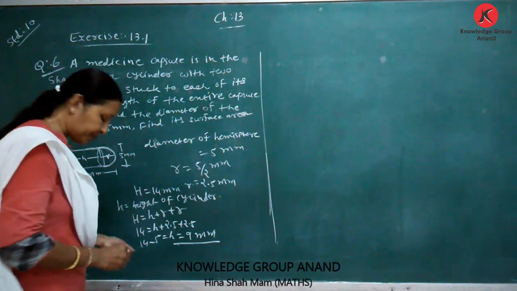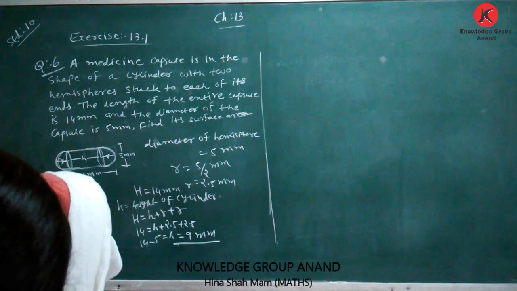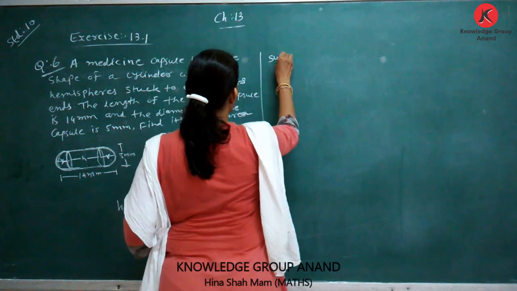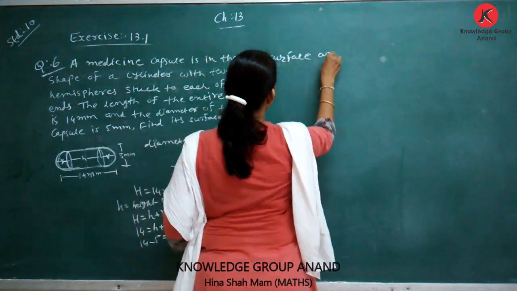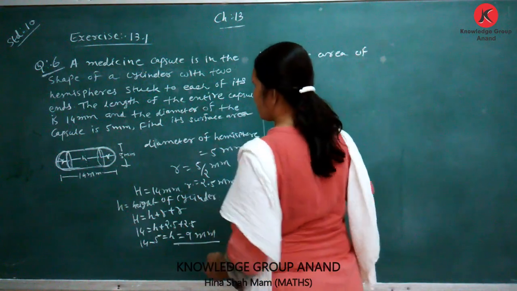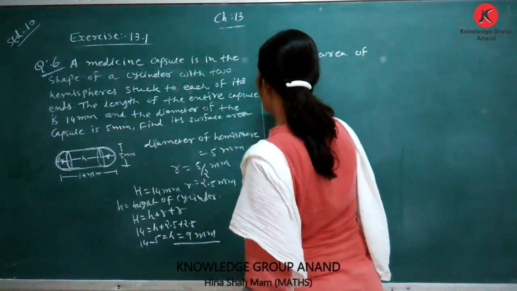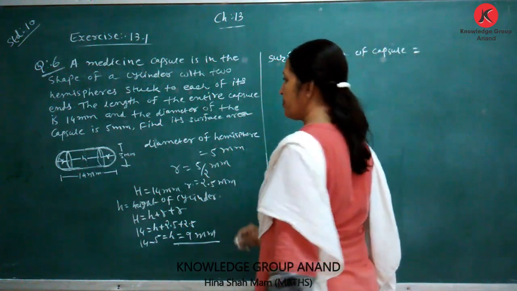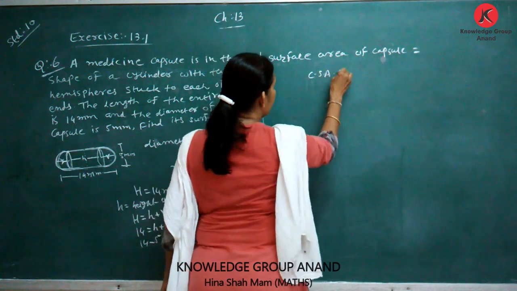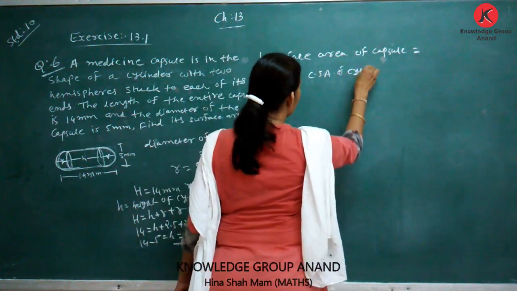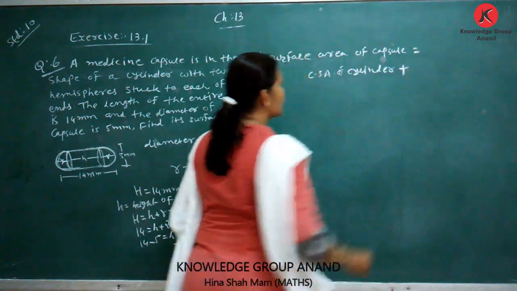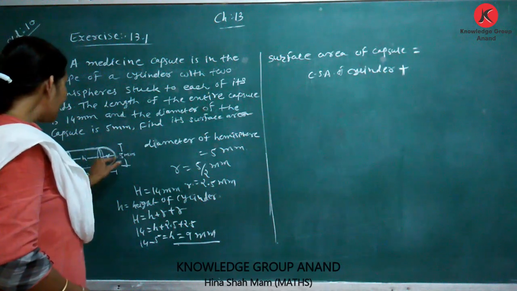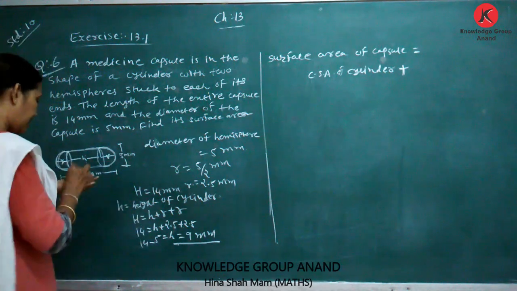Find its surface area. We write here: surface area of capsule is equal to curved surface area of cylinder plus curved surface area of two hemispheres.